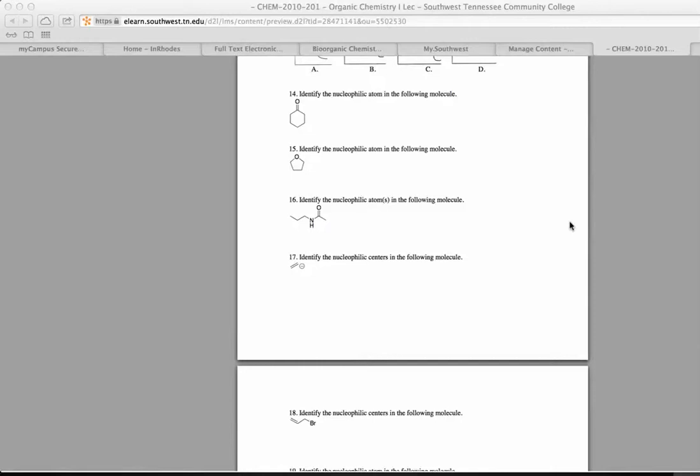Question 16, question 17, question 18, we're essentially answering the same question. Where is the nucleophilic atom? And let me suggest the following. You're really not looking for the nucleophilic atom so much as you are looking for the atom with the most reactive pairs of electrons that can make a new bond with a reactive electrophilic atom.